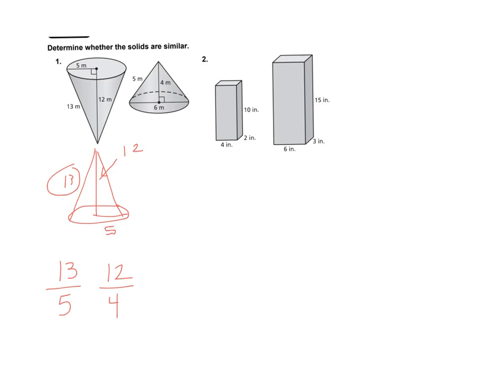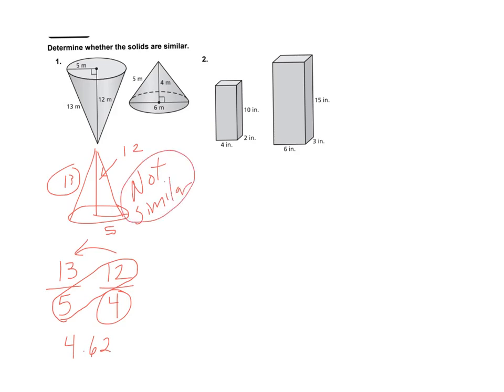Now that I have this proportion set up, I can cross multiply. 5 times 12, which is 60, and then divide that by 13. And it has to give you exactly 4. What I got was something like 4.62. So what I would be able to say is that these are not similar, because they did not form a proportion.